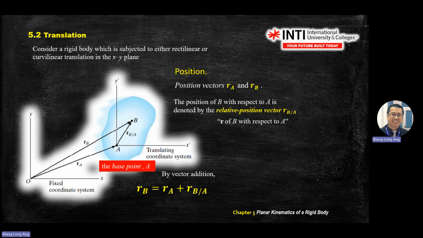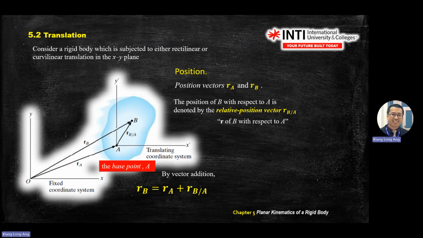You need two vectors, the addition of R_A plus R_B/A. That's why you get this. Or you can straight away use the cheat code: R_B/A equals R_B minus R_A, change the stroke to become negative. If you are lazy, it's still the same and reaches the same vector equation.